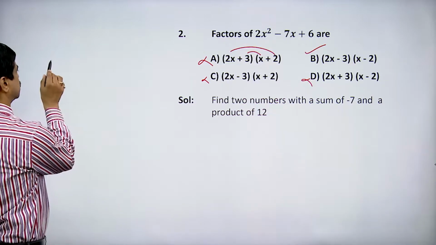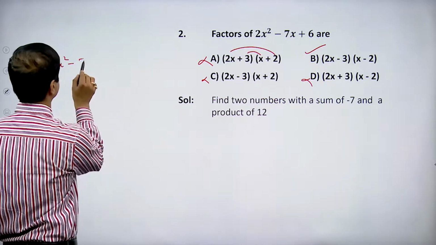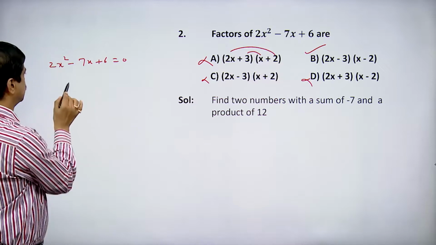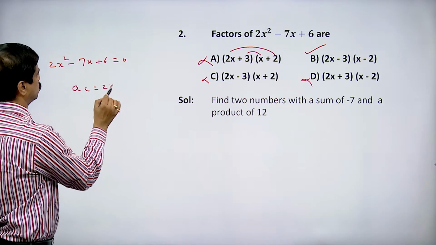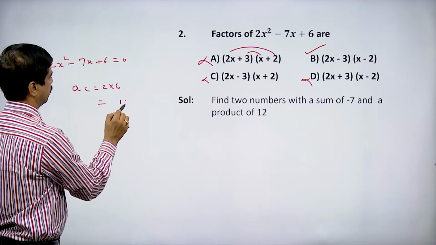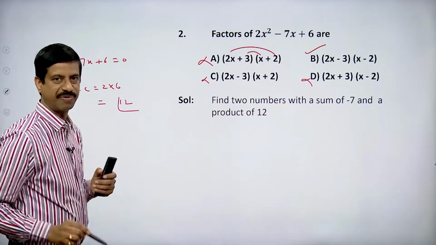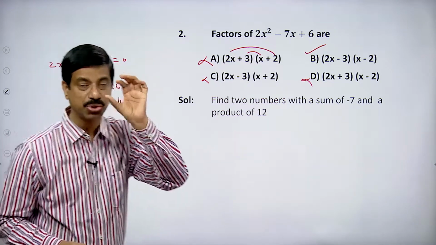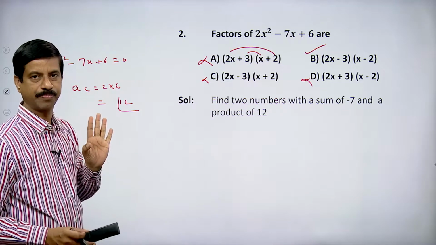Look at that. 2x square minus 7x plus 6 equal to 0 is the equation. So I should find out AC. AC means 2 into 6, that is 12. Find factors for 12 such that if you add those two factors, you should get the answer as minus 7.